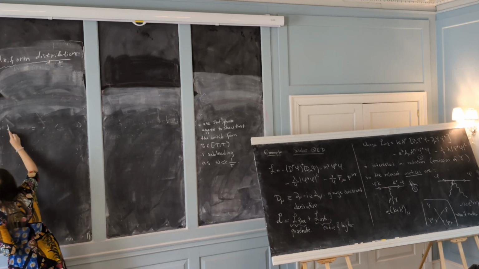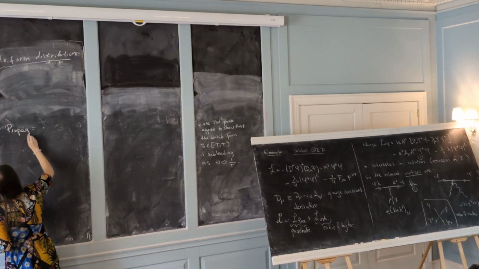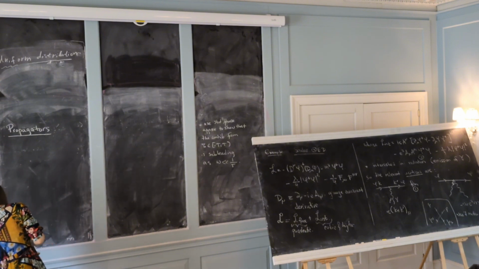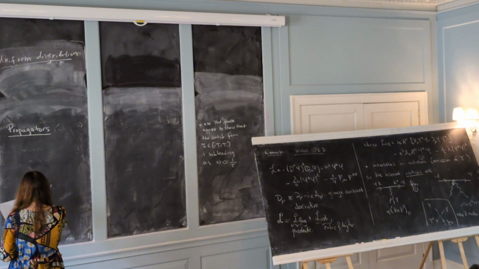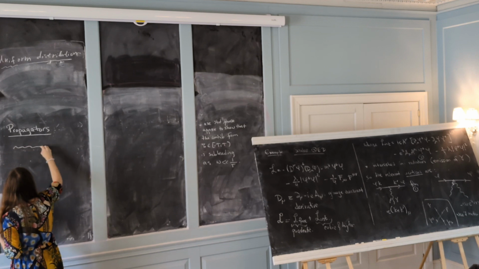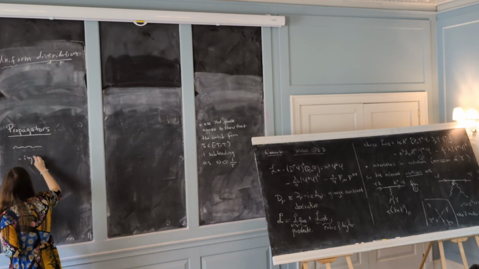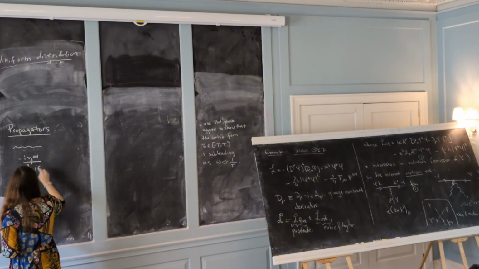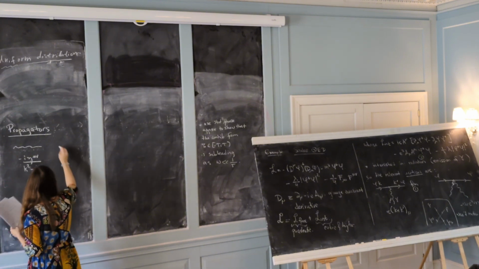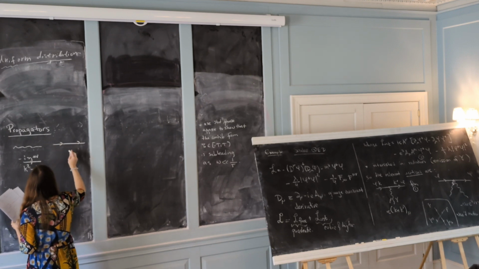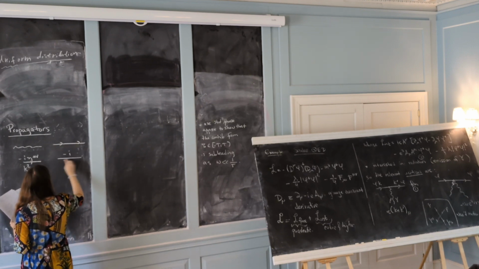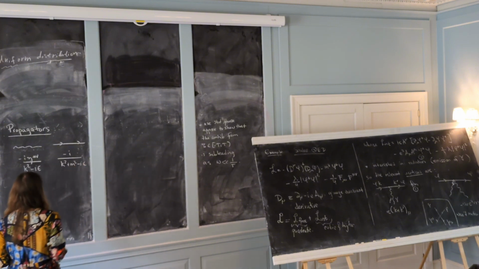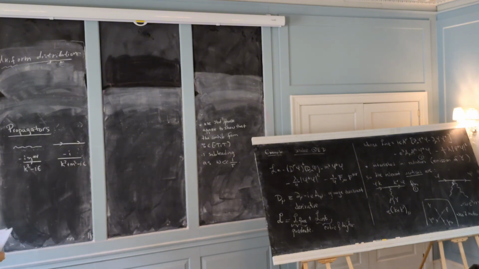So the propagators are as follows. For the photon, we have the standard minus i eta mu nu divided by k squared minus i epsilon. And for the scalar, we have minus i divided by k squared plus m squared minus i epsilon. This is just the Feynman prescription.